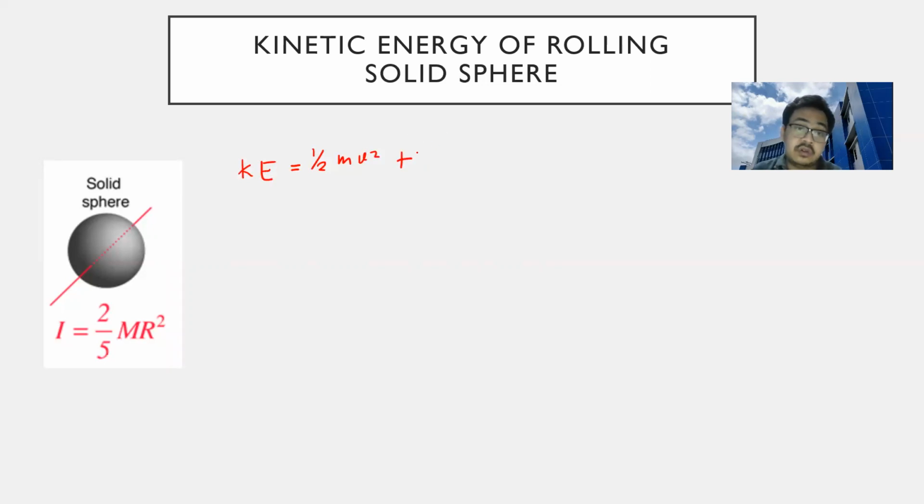You can calculate it by yourself, but here I got 1/5 times m times v squared. Oh, sorry. As usual, this is the translational term, and this one is the rotational term.